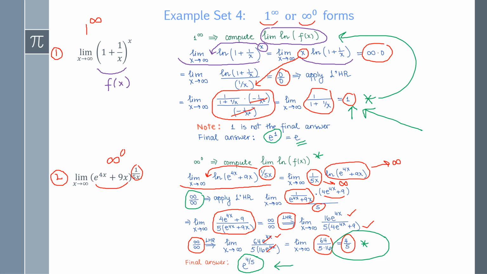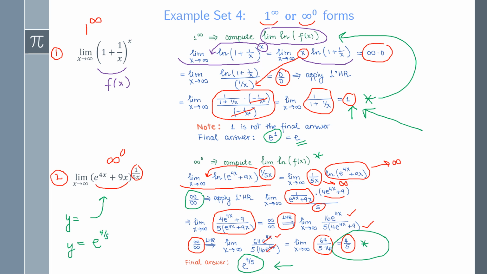Now, both of these results can be checked with a graph. I didn't do it for this particular slide only because the solutions are fairly involved and my pictures didn't fit well. But you can use Desmos to check your answer. So what you would do, you would plug in y equals this function right here, e to the power 4x plus 9x raised to the power 1 over 5x, and then also plug in y equals e to the power 4 over 5.